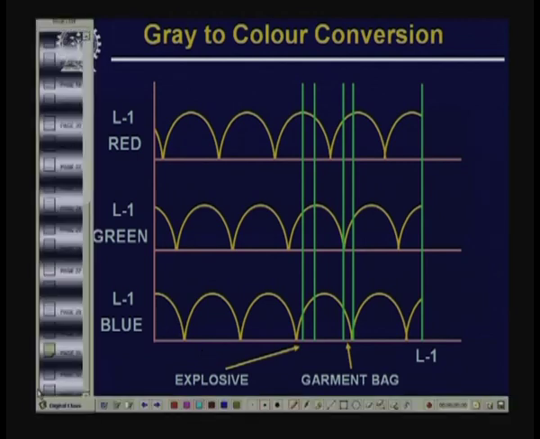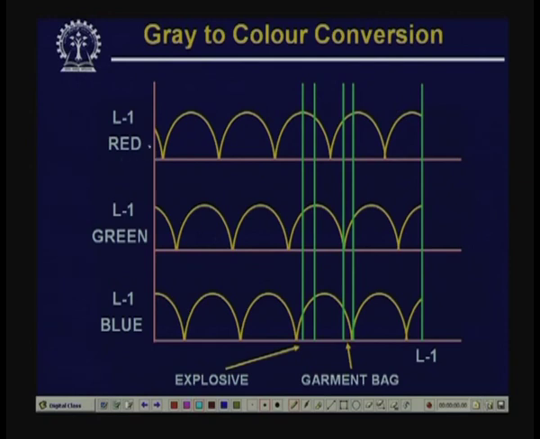So, here what you have is, this is the red transformation, and this is the intensity values along the horizontal axis. We have the intensity values of the grayscale image which varies from 0 to the maximum value capital L minus 1. The top sinusoidal curve shows the red transformation, the middle one shows the green transformation and the last one shows the blue transformation.